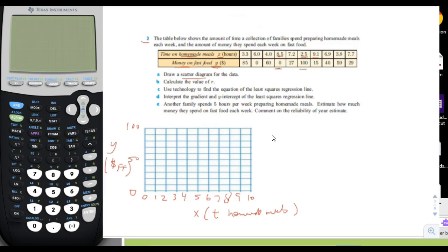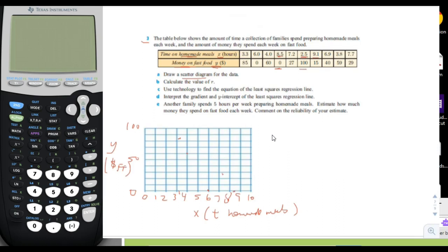Calculate the value of r. Oh, we haven't done the scatter diagram yet. Let's do the scatter diagram, at least let's do some points. 3.3, comma, 85. Here. 6.0, comma, 0. Right there. 4.0, comma, 60. There. 8.5, comma, 0. There. 7.2, comma, 27.